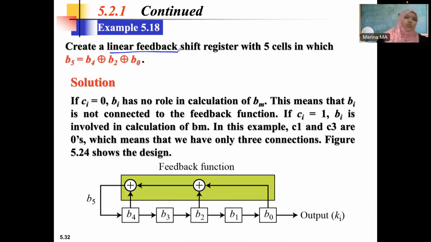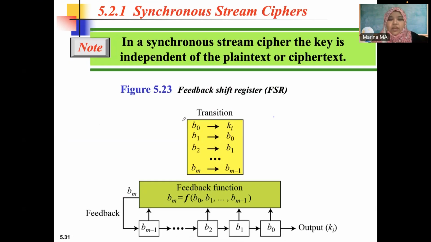So let's go into this one, example 5.18. It says: create a linear feedback shift register with 5 cells in which B5 equals B4, XOR B2, XOR B0. If you're not familiar, this is the symbol for XOR.